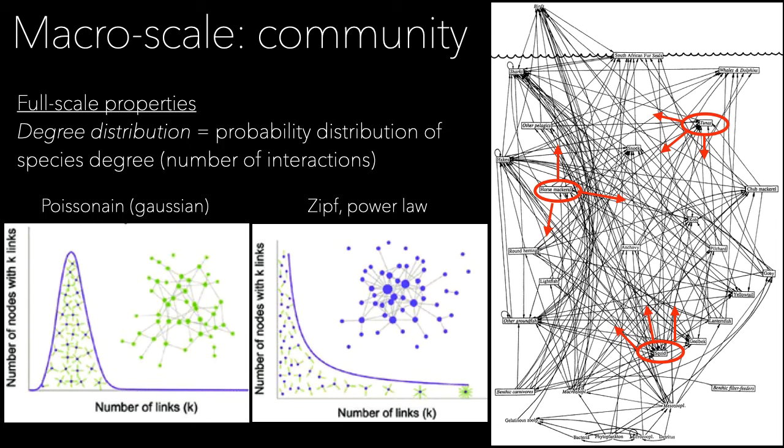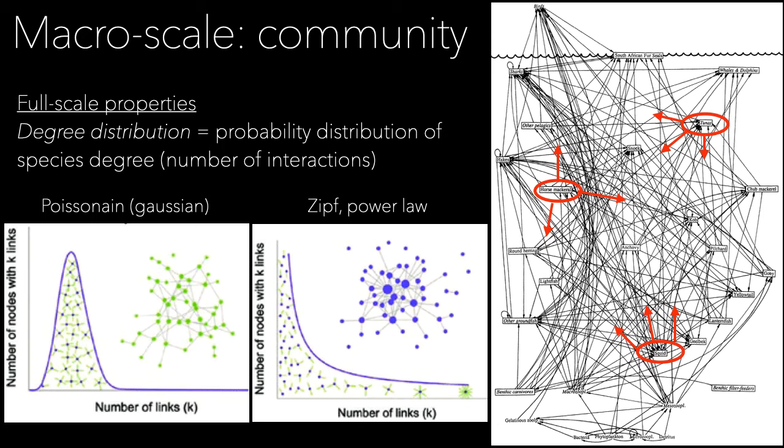Instead, as it is depicted on the right, they have what is called a Zipf or a power law distribution. In this case, we can see that there are very many species with a low number of links.